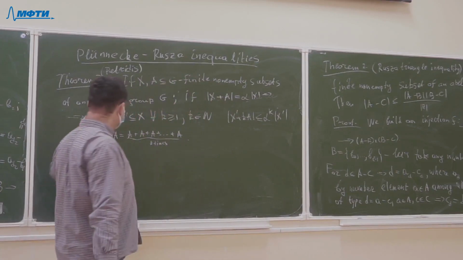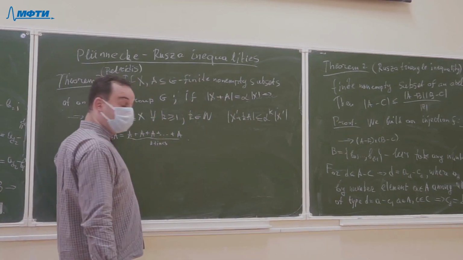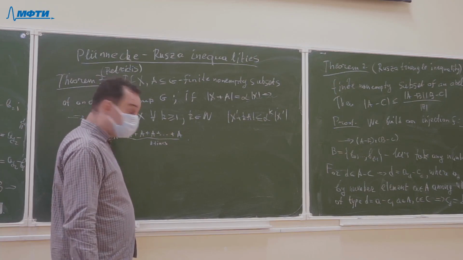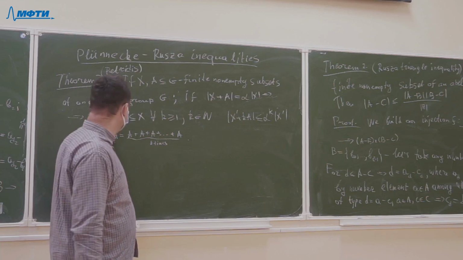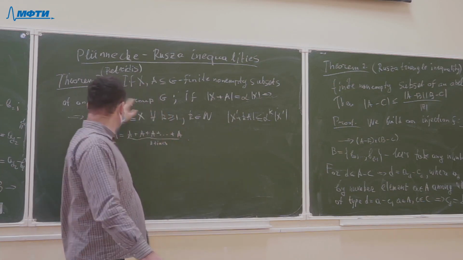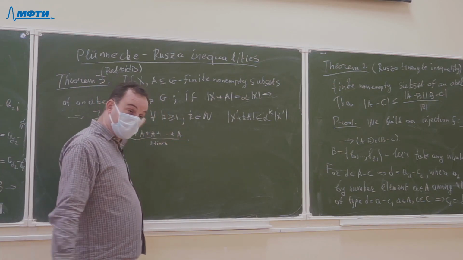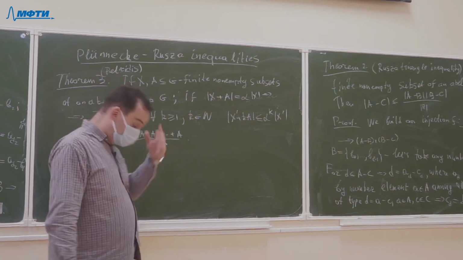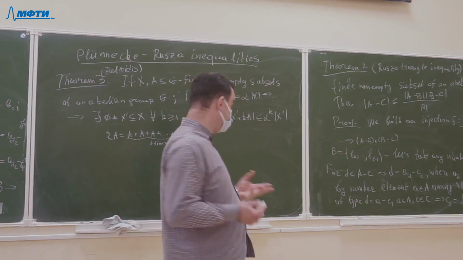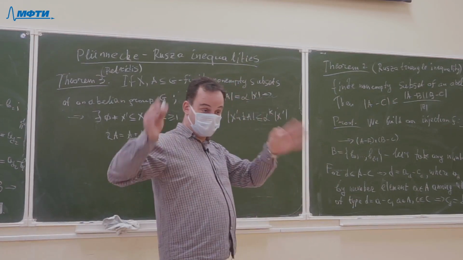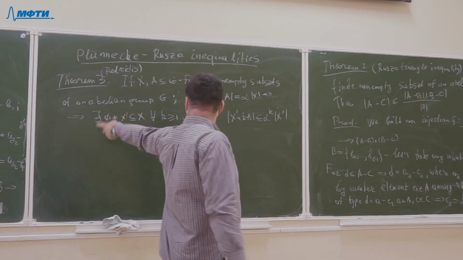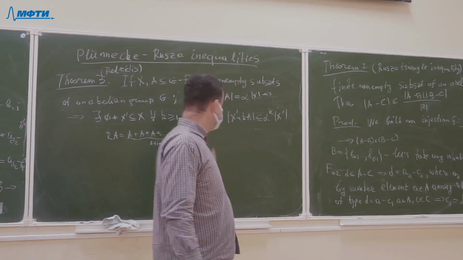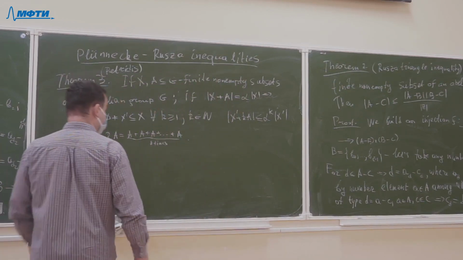But for equal sets, it gives an even more powerful result, because in the general case with graphs, we cannot prove that for any k there is one unique universal X prime. In the general proof, we see that this X prime depends on the number of sets. But here, this X prime doesn't depend on the number of sets. It's the same for any natural k.